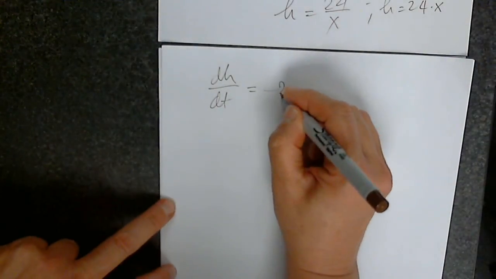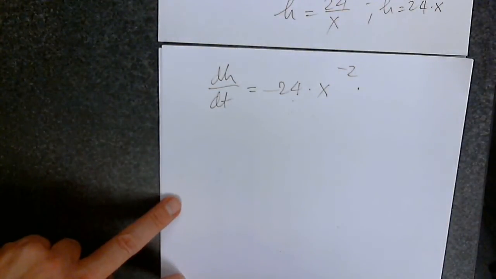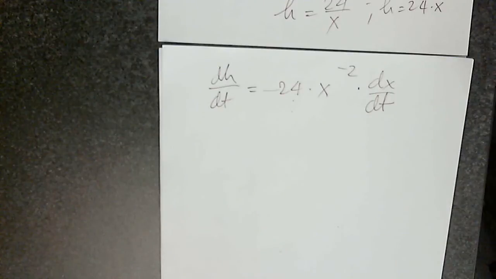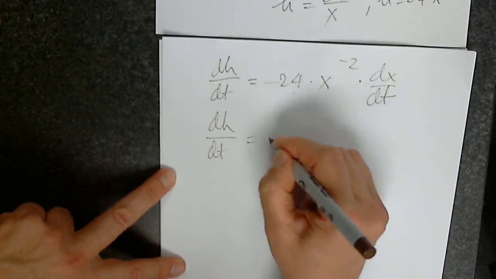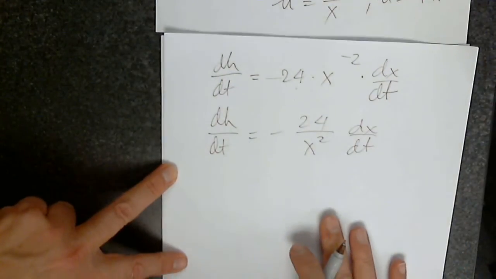I differentiate the right-hand side, and I get negative 24 times x to the negative 2 times dx/dt. So in other words, dh/dt equals -24 over x squared times dx/dt.